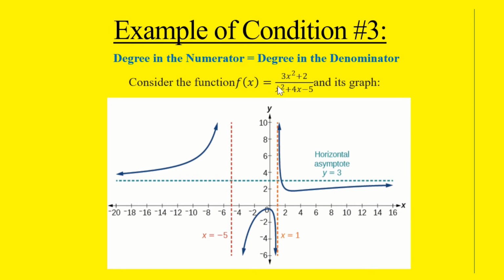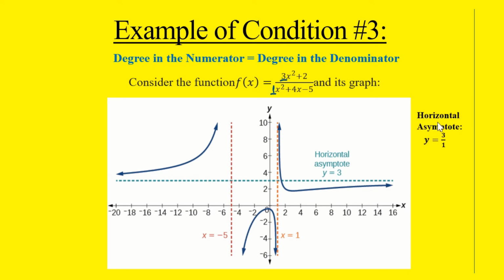So therefore, we're going to have to look at the leading coefficient in our numerator and the denominator. The leading coefficient in our numerator we can see is 3, and then the leading coefficient in the denominator, well, that's the understood 1 there in front of that x squared. So we're going to look at the ratio of 3 over 1.